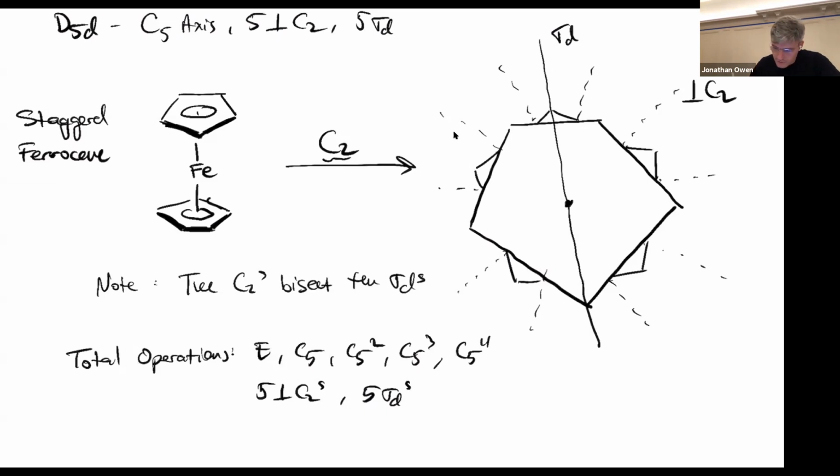So there's an inversion center. It sends each of the points to the opposite side. So boom, boom, boom, boom, etc. Another way to do this, actually, interestingly, is you can take this guy, rotate it to this position, and then reflect about a plane orthogonal to that and put it into this position.